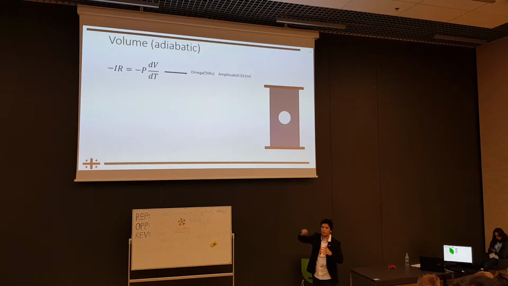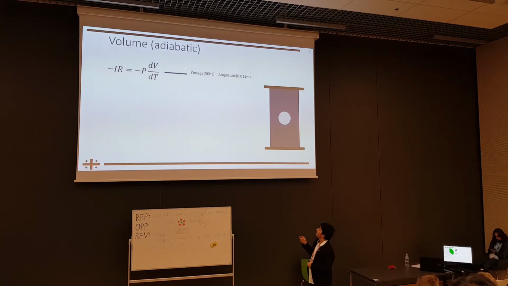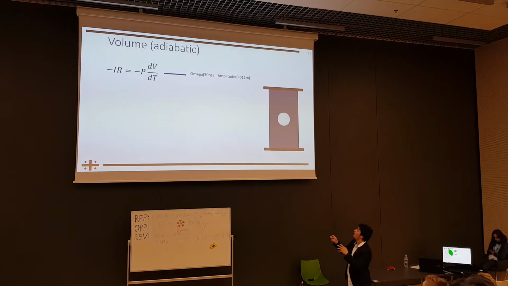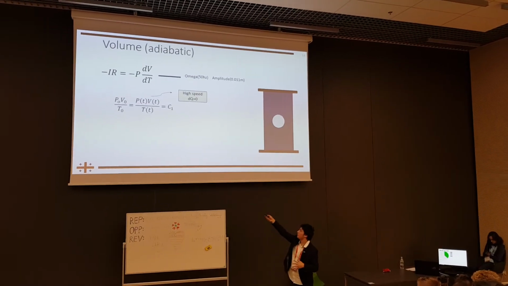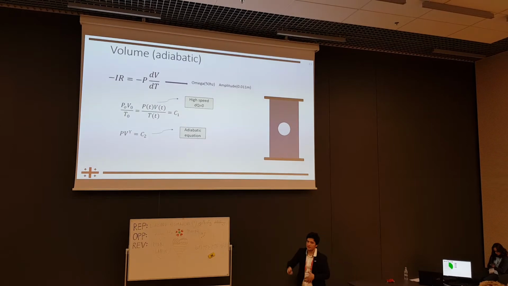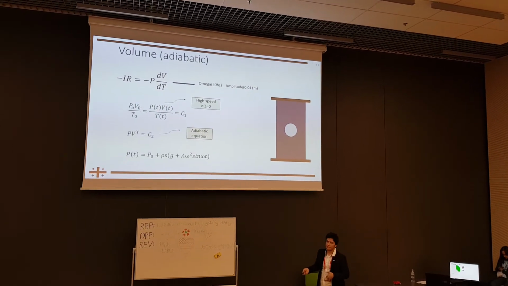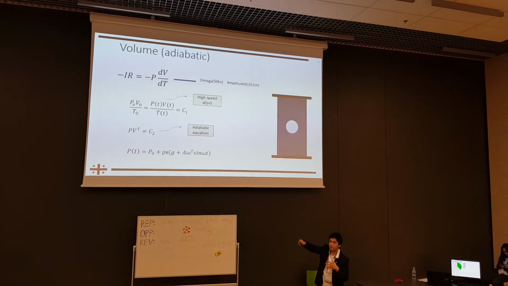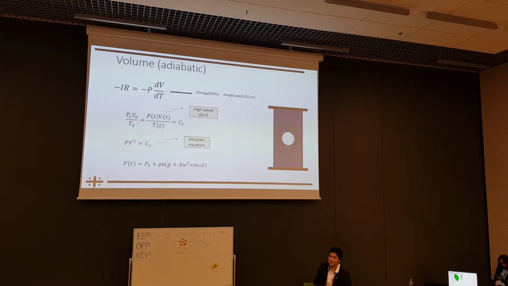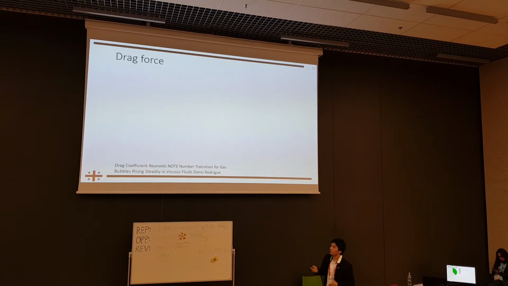We use a work-energy equation to estimate under which omega, amplitude, and radius the motion is adiabatic. Finally, we write the Clapeyron law and the adiabatic equation, and also describe pressure and time. Under these boundary conditions, the motion becomes adiabatic. Okay, now let's move on to the drag force.